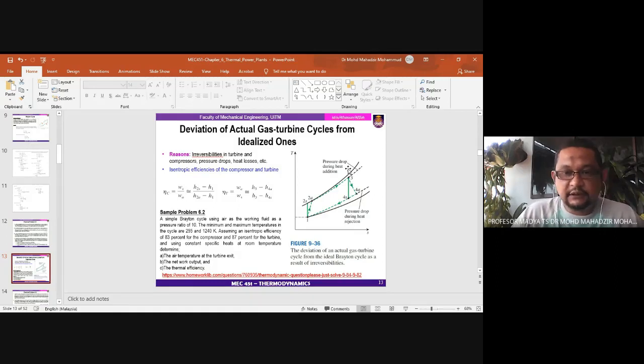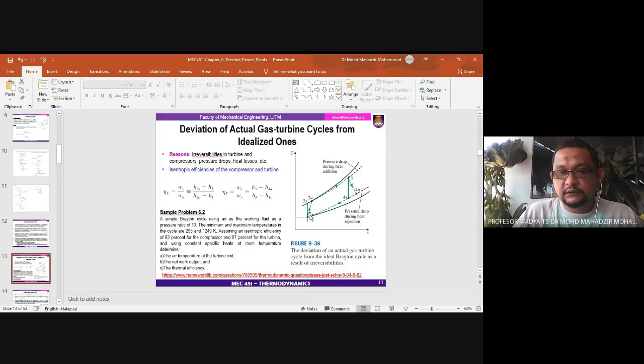For the actual process, we have learned in chapter number 4 the isentropic efficiency of the compressor and also the turbine. The efficiency of the compressor is Ws over W actual, that means ideal work over actual work. Find ideal work and actual work from these equations and you will get the efficiency of the compressor. It's also like that for the turbine.